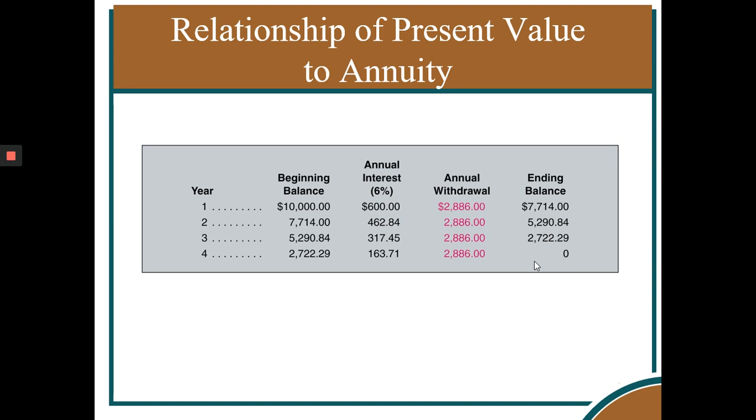So if you withdraw exactly this amount, you will end up with zero balance. In the previous example, we found out how much you are investing every year, 1,000 for the next 4 years. Here we are calculating how much you're withdrawing, because this is the present value annuity, which means you have already deposited 10,000.